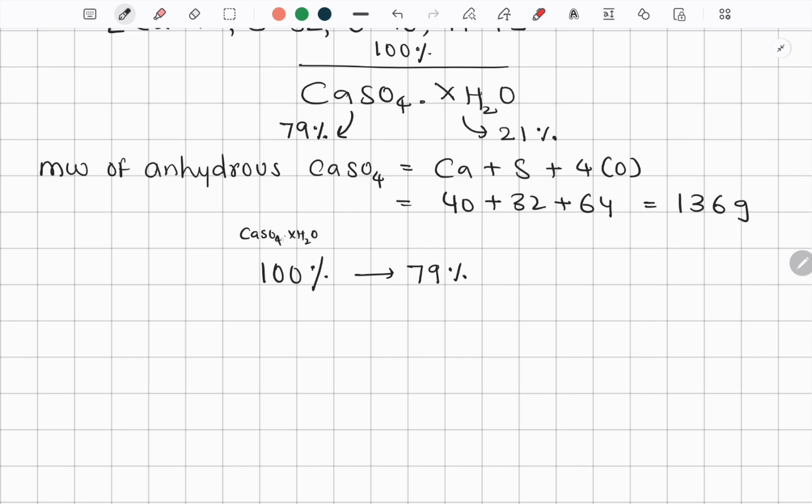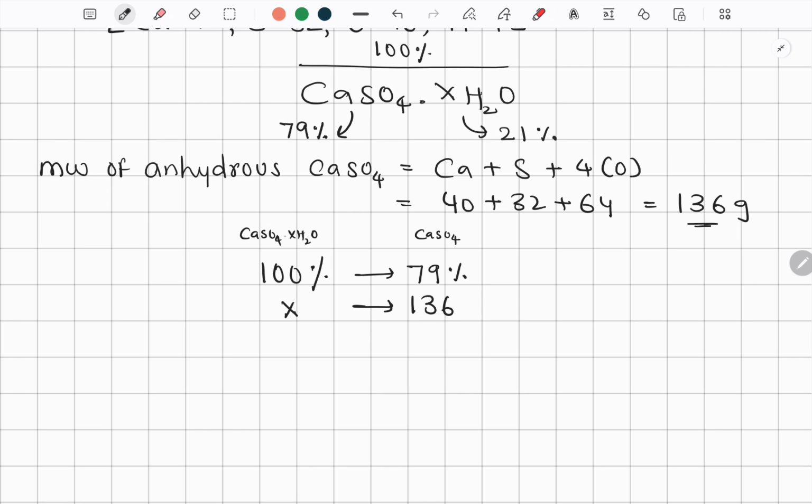Out of CaSO4.XH2O, if it is 100%, my CaSO4 is 79%. I don't know the exact total weight of CaSO4.XH2O, but I know the 79% is 136.